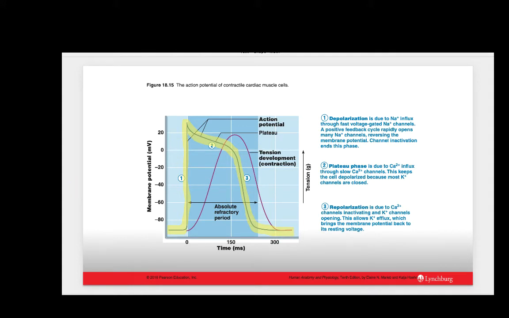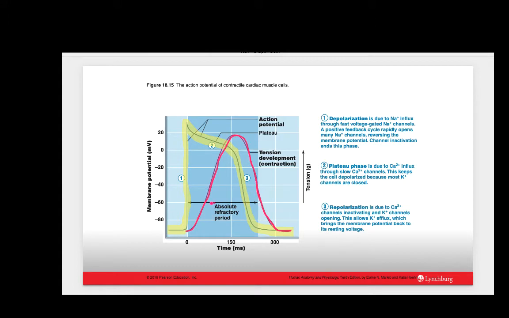What's also interesting to note on this picture is this line here, this is our tension, and they've just overlaid it on top of the action potential. This is the tension that's being generated in the contractile cells or the muscle tissue of the heart. So we have the initiation of the action potential, followed by increasing tension and then decreasing tension.